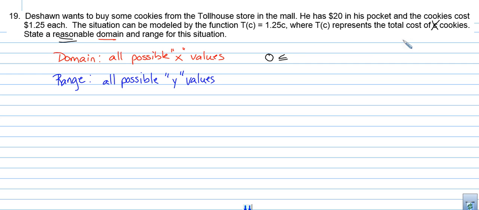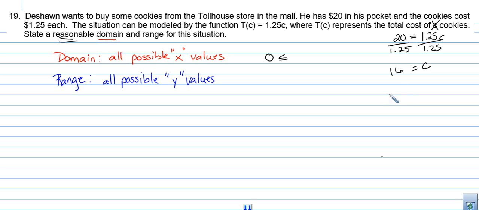So the way you would do that is you would take the total cost as 20 equals $1.25 C, divide by $1.25. Okay, and you will get 16 cookies.